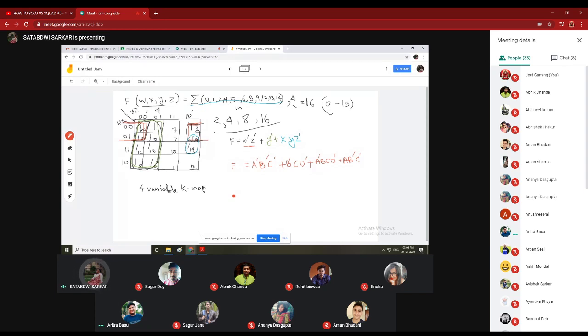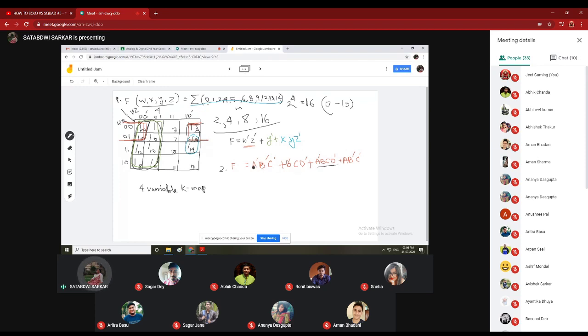It must be done, mandatory. Anyway, now this is our second example for 4 variables. See here, this is the first example and this is the second one. See here how we can understand that this is 4 variables. Here it is a b c d.